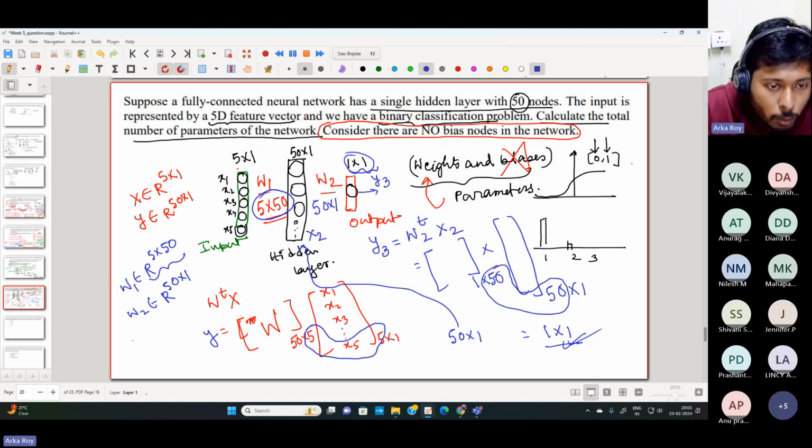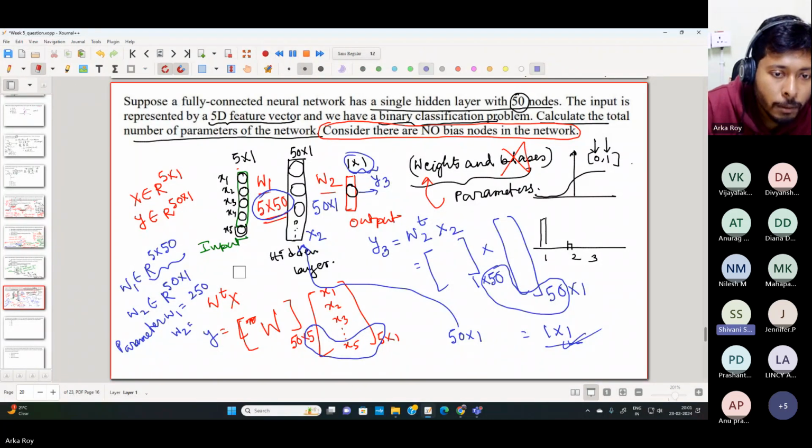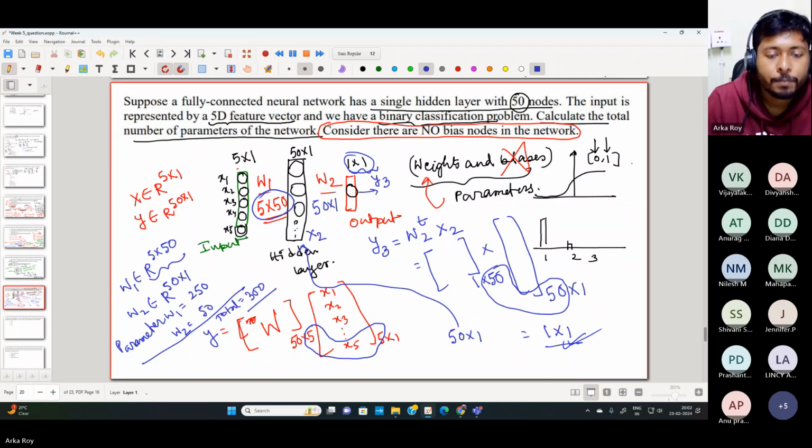So the parameters of W1 are 250. And similarly, the parameters of W2 are 50. So the total number of parameters will be equal to 300. This is how you can evaluate the number of parameters in a simple network.